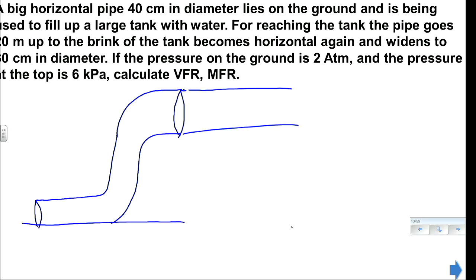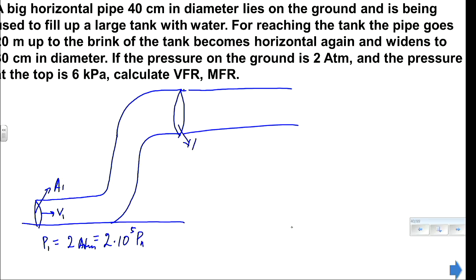This is A1, it travels at certain speed, there is certain pressure here, which is given to us at the ground. Pressure is 2 atmosphere, and I've seen people using 2. You cannot use a 2 because the unit is wrong. We have to use international system of units. We have to use pascals, 2 times 10 to the 5th pascals.